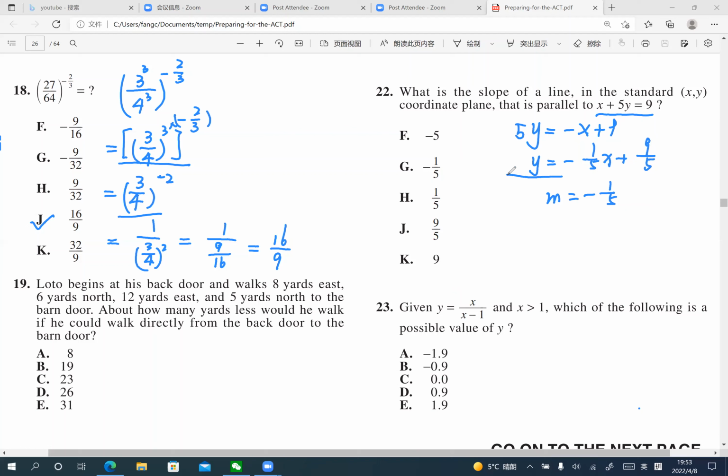From the slope-intercept form, we can read the slope directly. So m equals negative 1/5. Because the two lines are parallel, the slope of the second line is still negative 1/5. So we should choose option G.